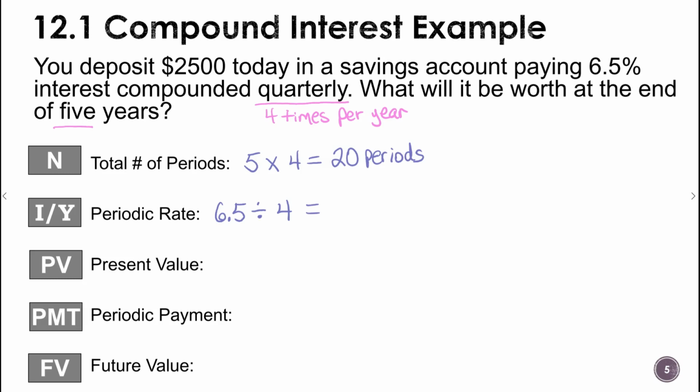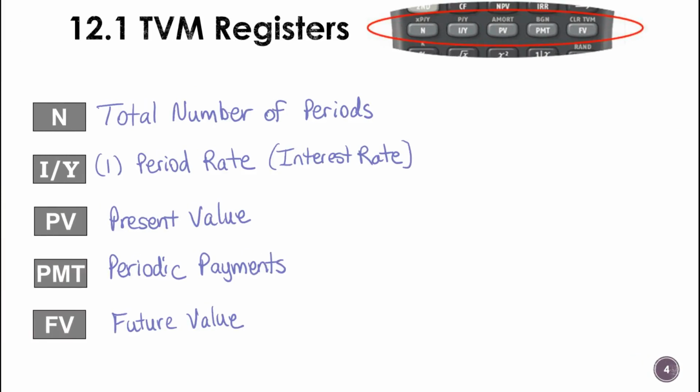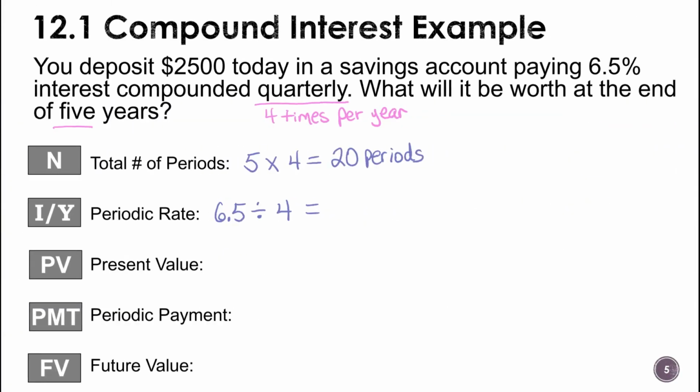Now, remember that on your calculators, we need to have them set on 2 decimals because we're in the TVM keys, and we haven't talked about that just yet, but we will be talking about it. So you can always reset your calculator, and that's easy to do.